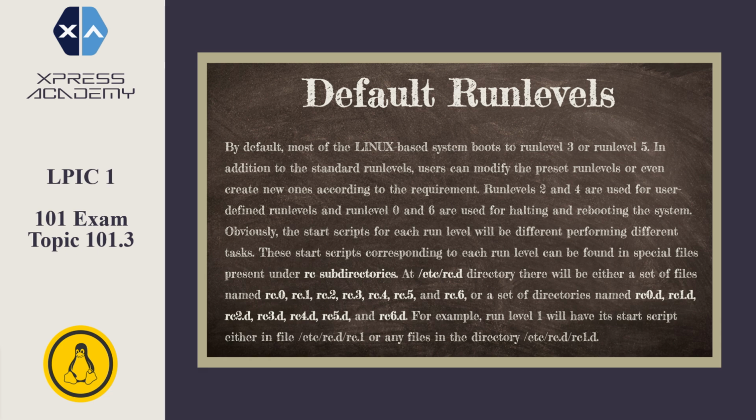Obviously, the start scripts for each run level will be different, performing different tasks. These start scripts corresponding to each run level can be found in special files presented under RC subdirectories. At the /etc/rc.d directory, there will be either a set of files named rc.0 to rc.6 or a set of directories named rc0.d to rc6.d.